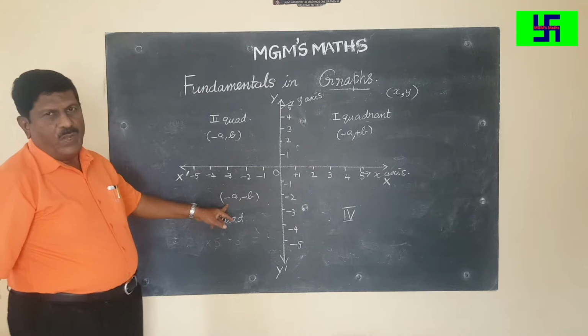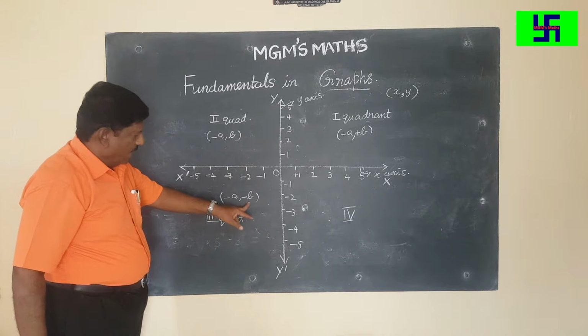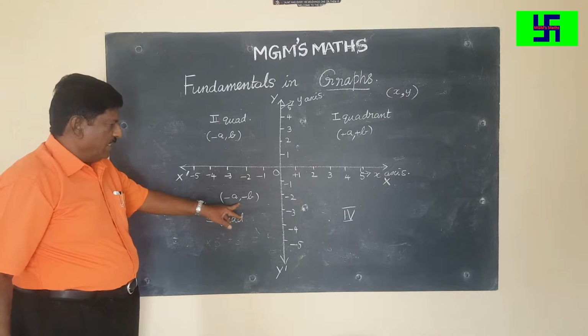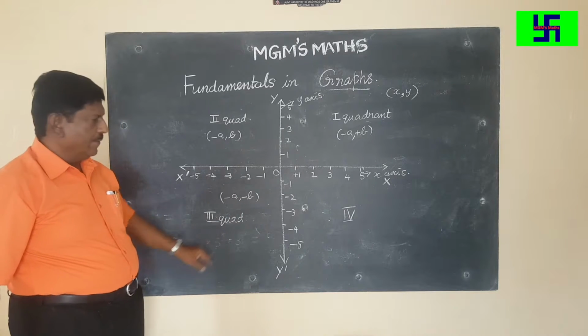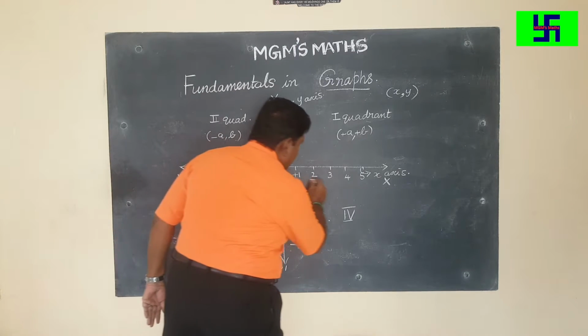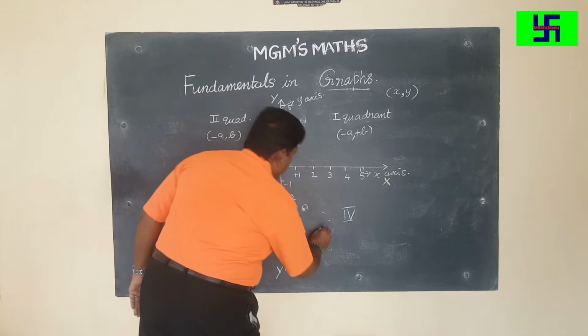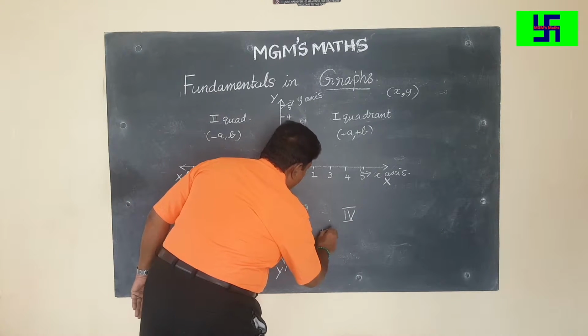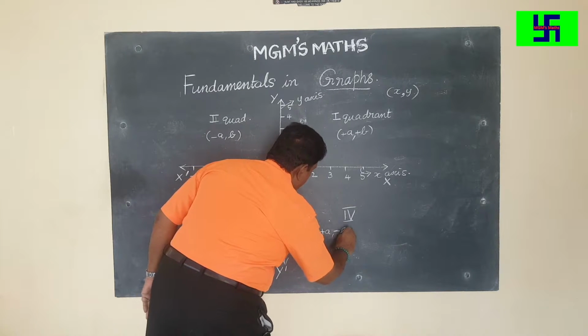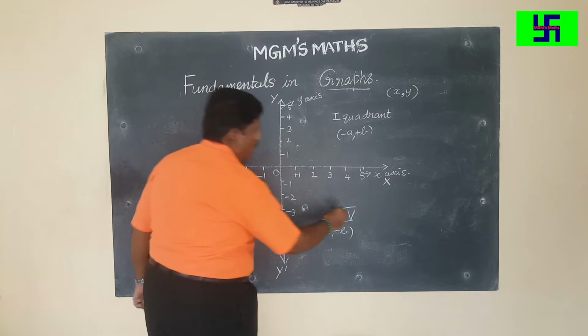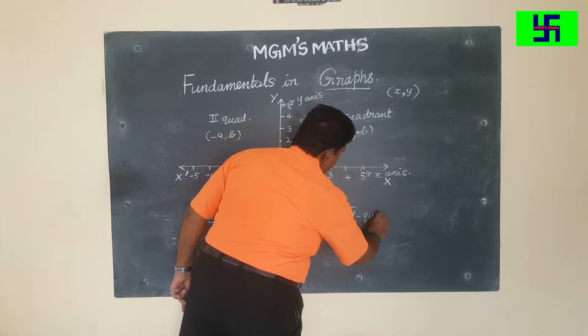A pair of points of the form minus a, minus b should be plotted in the third quadrant. And x-axis is positive, y-axis is negative. A point of the form plus a, minus b should be plotted in the fourth quadrant.